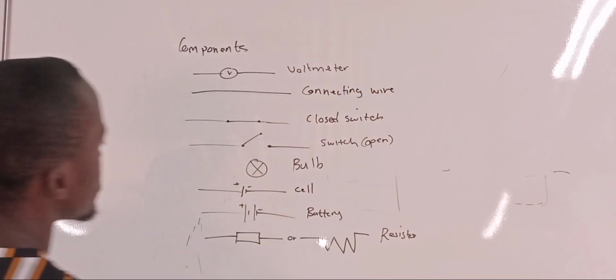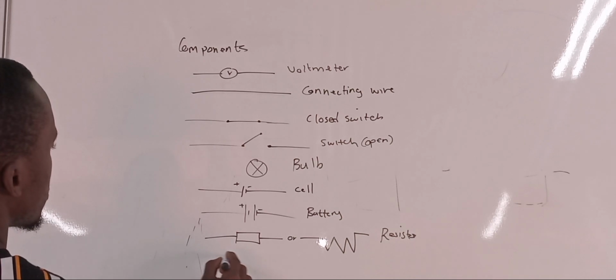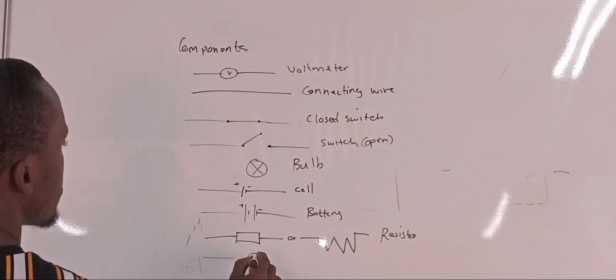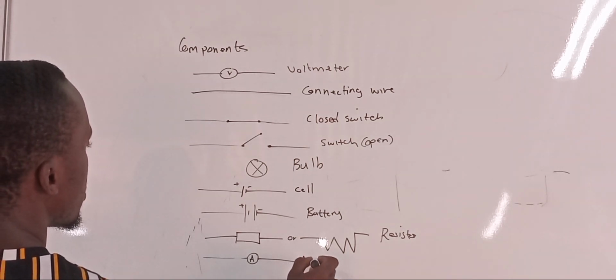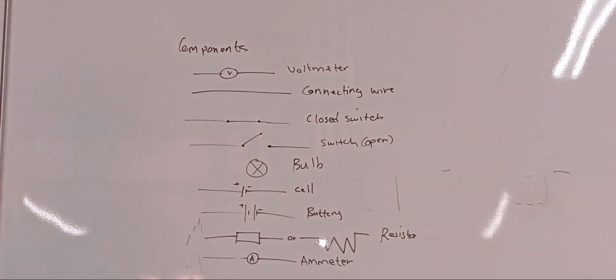Grade 10s and grade 11s, you may be asked the function of a voltmeter. The function of a voltmeter is to measure voltage. And this is an ammeter. Its function is to measure current.